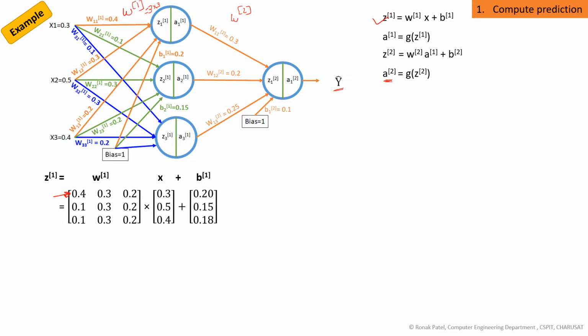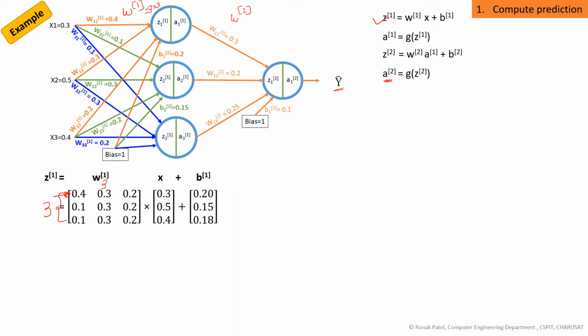Here 3 neurons are there, so the number of rows will be 3. And the number of columns depends on how many neurons are in the previous layer, meaning your input layer. So that is 3.